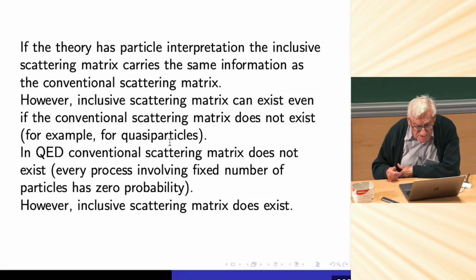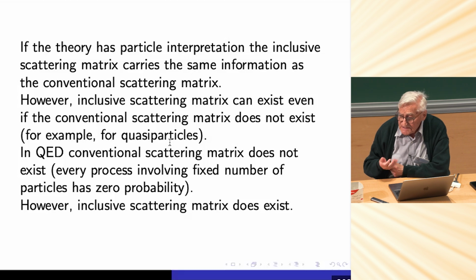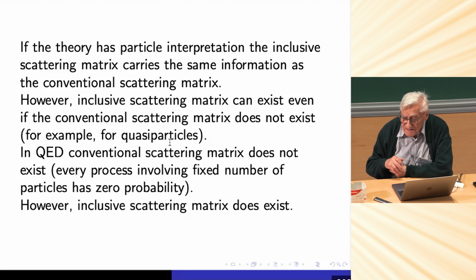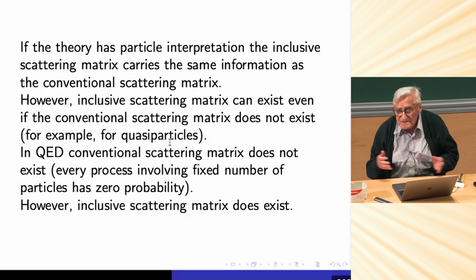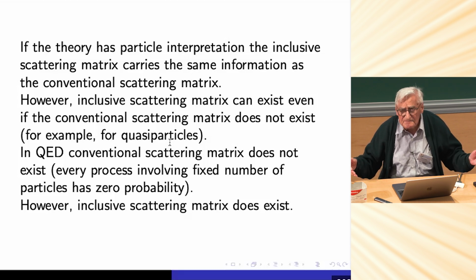So generally, the scattering matrix does exist in cases when the theory has what is called a particle interpretation. This means that every state decays into particles as time tends to infinity.